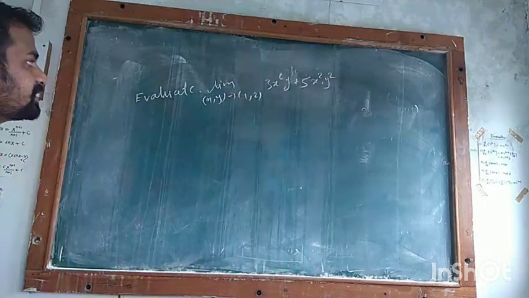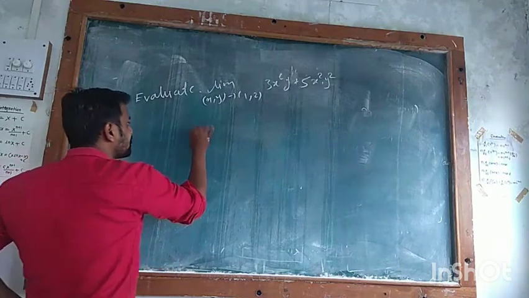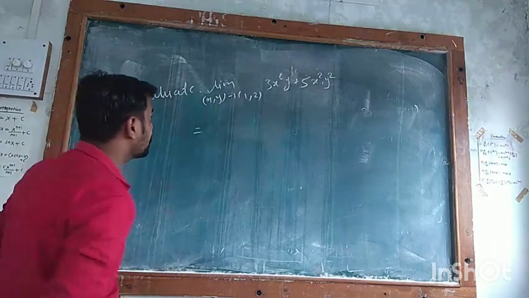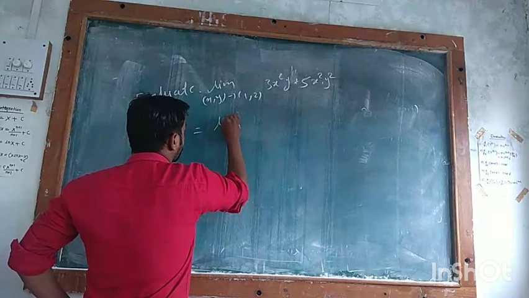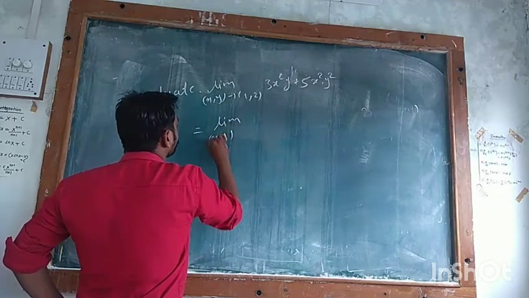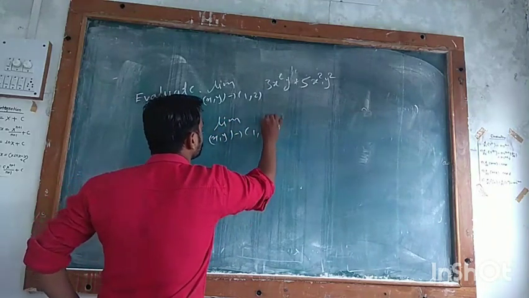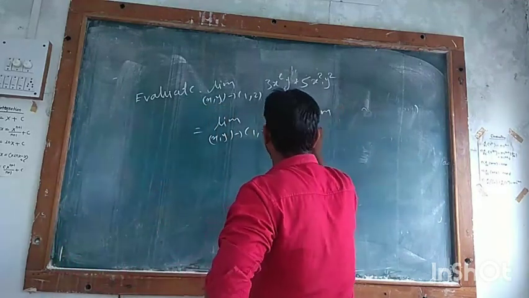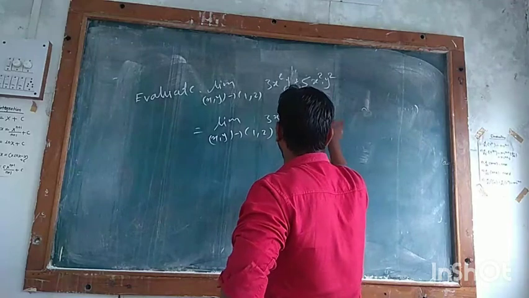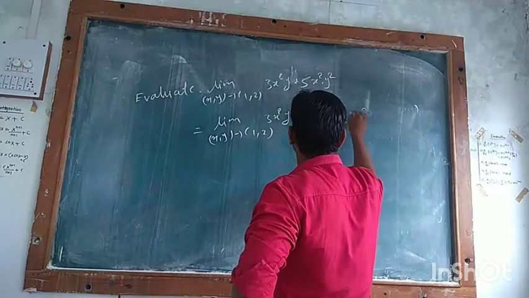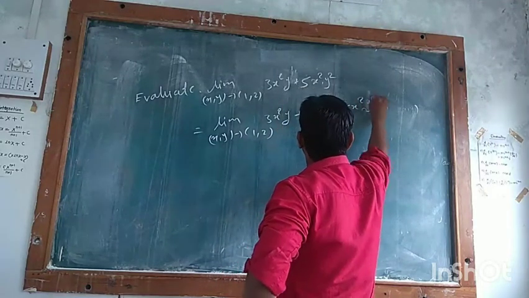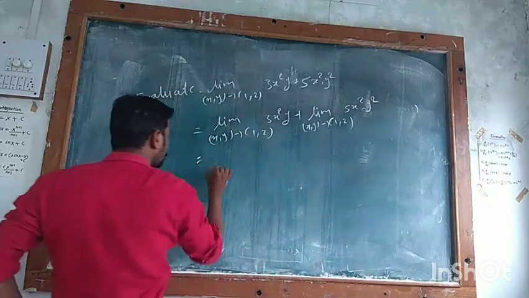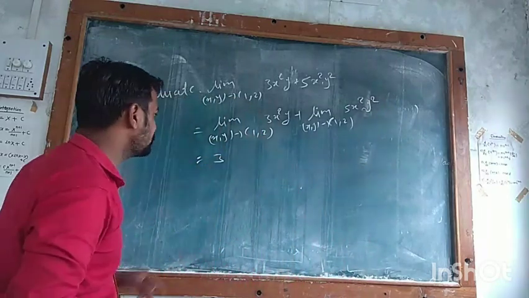This function is continuous, so directly putting the value of x and y, we get limit as xy tends to 1, 2 of 3x square y plus limit of 5x square y square. The limit is distributed, and constants are outside of the limit.